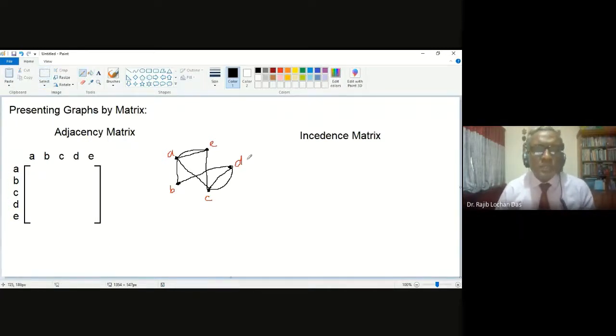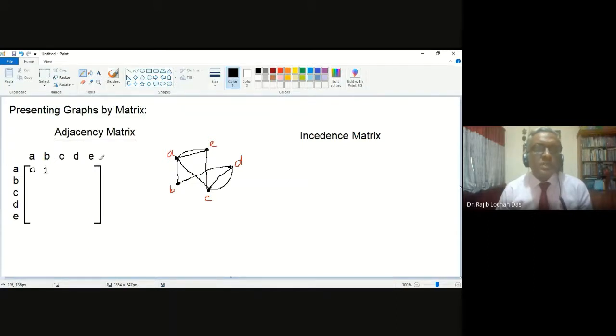So in this matrix, you will consider how many lines you have from A to A. That is, A to A, is there any line or not? In fact, here we do not have any line from A up to A. So that will be 0, because no line from A to A. And how many lines A to B? A to B, you have one line. So that will be 1.